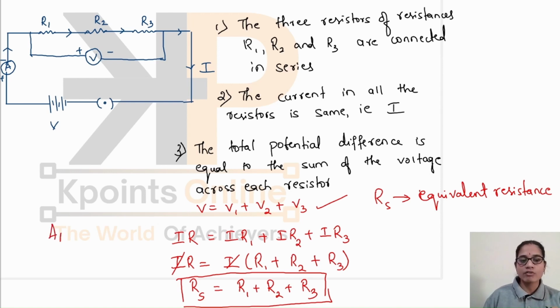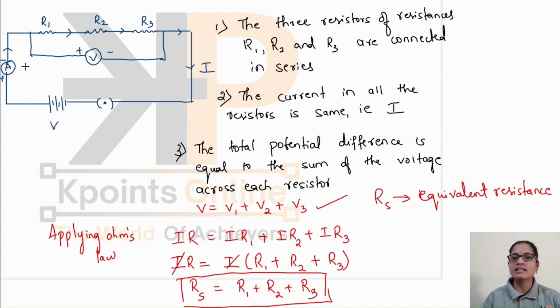After applying Ohm's law to this equation, we get V. If we replace the system of these resistors by a single resistor such that the same current is flowing through it and the same potential difference is applied, then applying Ohm's law to that circuit we get V is equal to IR.